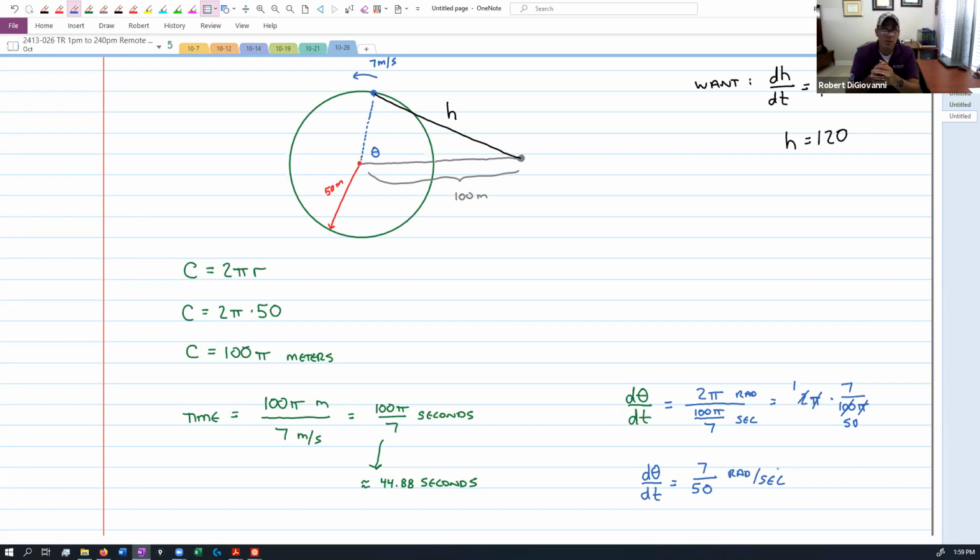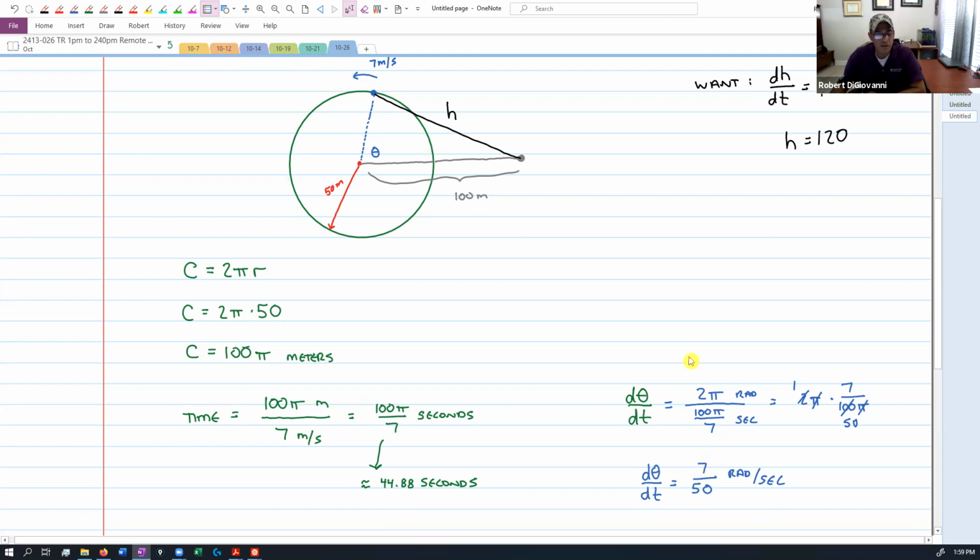Then we said, if it took her that many seconds to go around once, it took her that many seconds to do 2 pi radians of a revolution. And if we divide, that is just 7 over 50. That's how many radians she's rotating through every second. 7 over 50 radians per second is her change in theta over time.